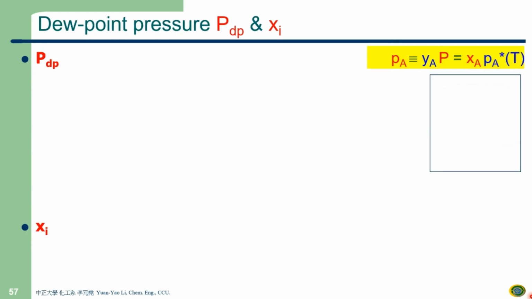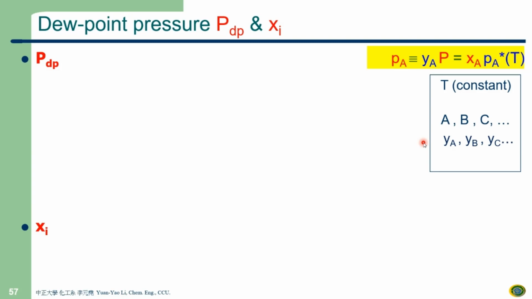So dew point pressure, again: if we have species in the gas phase, and we know the molar fraction in the gas phase, and we keep the temperature constant because we want to find the dew point pressure. So how can we get the dew point?